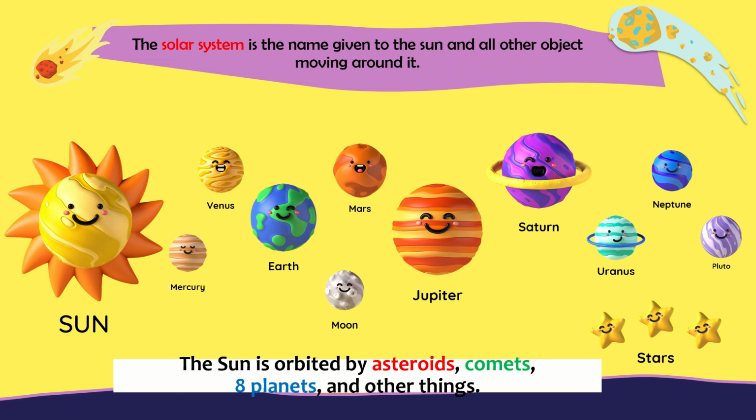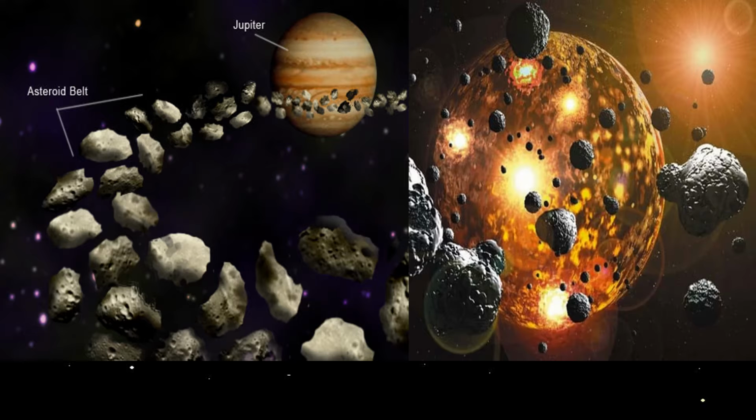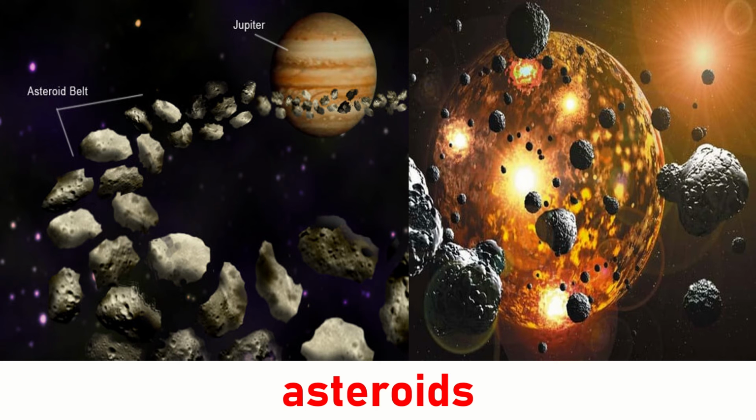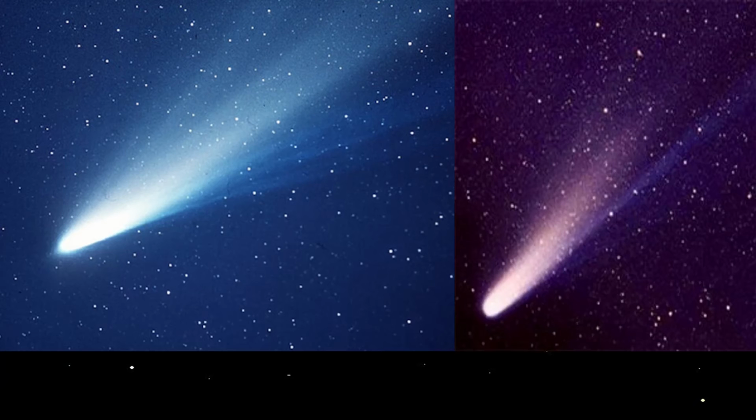The sun is orbited by asteroids, comets, 8 planets, and other things. So what are the things that orbit around the sun? So this one is an asteroid. Asteroids. Okay. Next one.